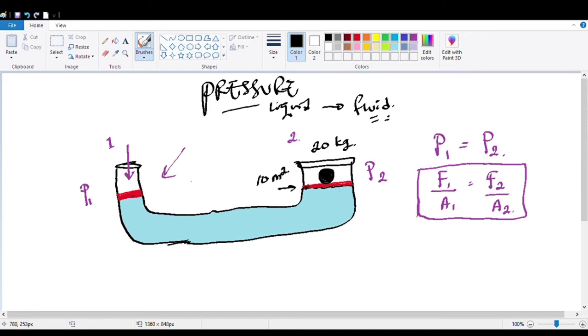Why is it not the area that the ball touches the piston? Because the pressure comes from this liquid. So the area that we are concerned with is the area of the piston in contact with the water, not between the ball and the piston. The ball is 20 kilograms and the area is 10 meters square, while this area is only 2 meters square.